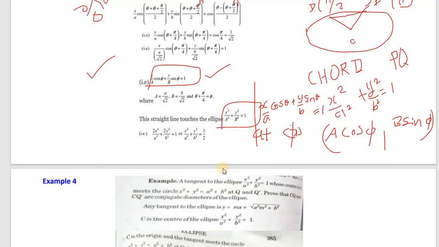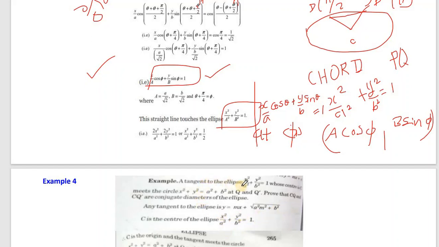Now the next one is a tangent to the ellipse x square by a square plus y square by b square equal to 1, whose center is C, meets the circle x square plus y square is equal to a square plus b square at Q and Q dash, so that CQ and CQ dash are conjugate diameters of the ellipse.